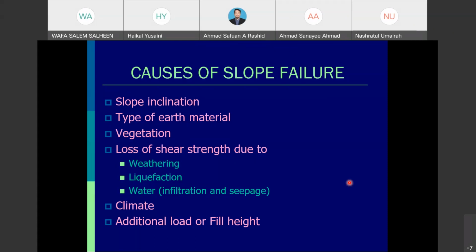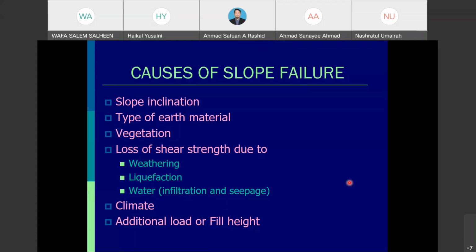We also need to make sure the compaction effort, especially for the embankment, follows the maximum dry density from the compaction laboratory testing.